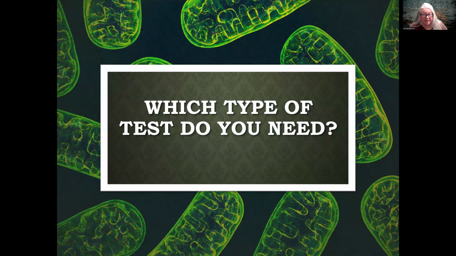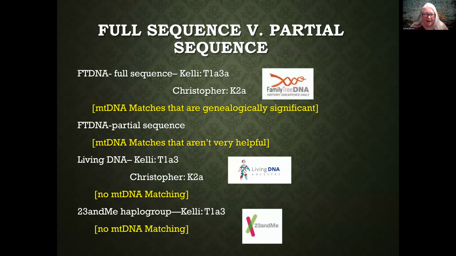So which type of test do you need? Well, as I mentioned before, you want to do full sequence if you go to Family Tree DNA. That's where you get mitochondrial matches that are genealogically significant. That's an important part of why we might do this test.